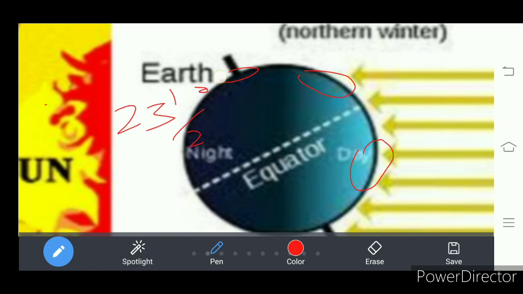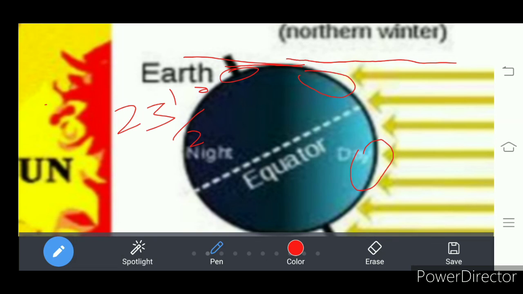And moving to the North Pole here, look at that, the sun rays are falling in this way. It may not touch also sometimes, right? It is going into space without touching it because Earth is in a spherical shape and it is tilted. It is bent some 23 and a half degrees.